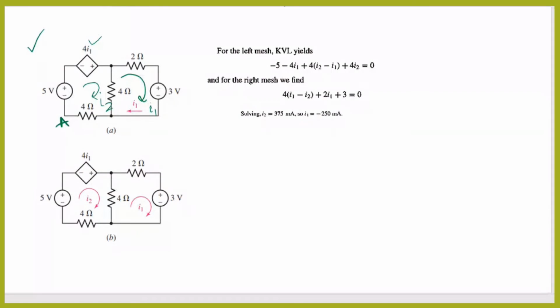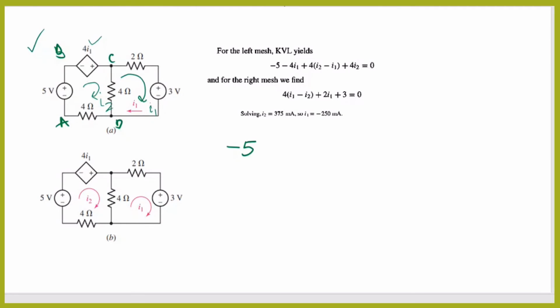Suppose you start from A, B, C, D. Since this is the current controlled voltage source, minus 5.